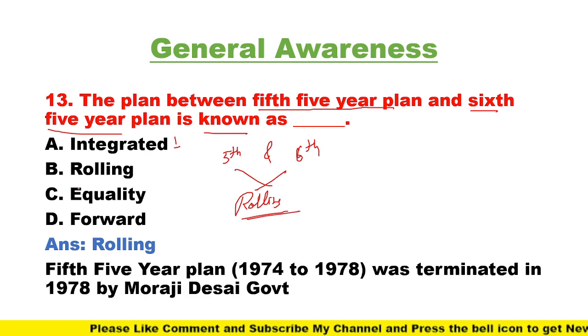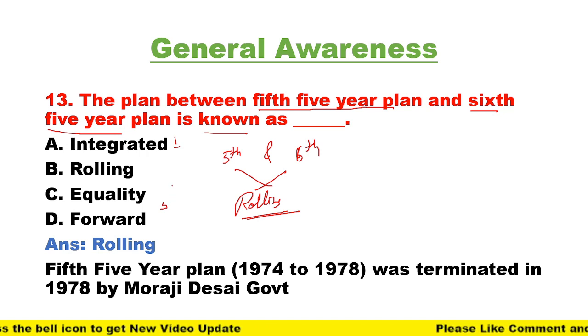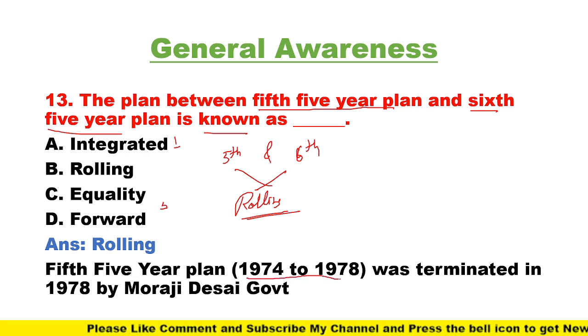Actually, what happened is during the fifth 5-year plan, the Morarji Desai government was formed. The fifth 5-year plan duration is 1974 to 1978.